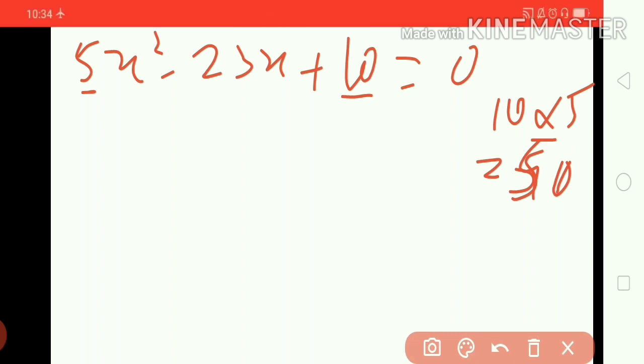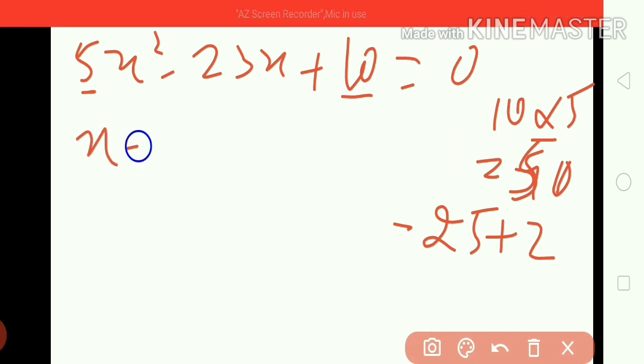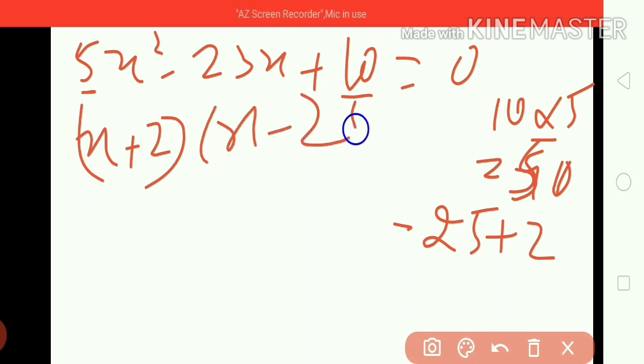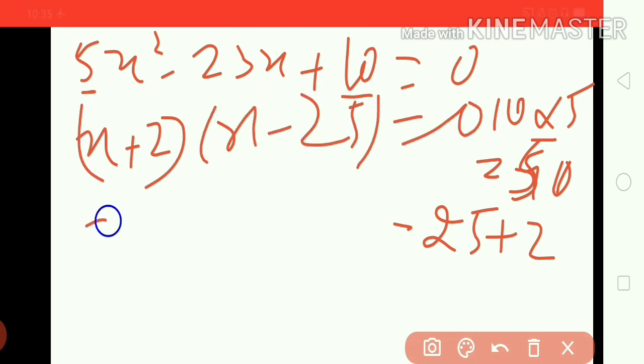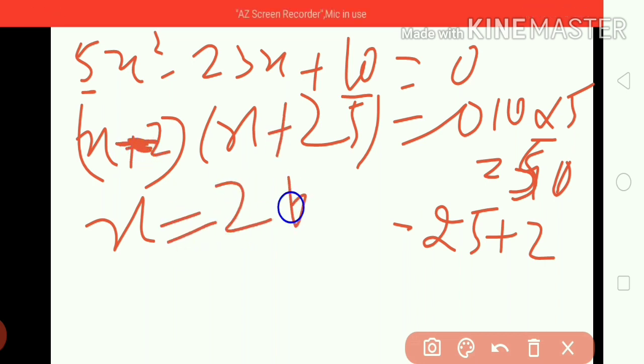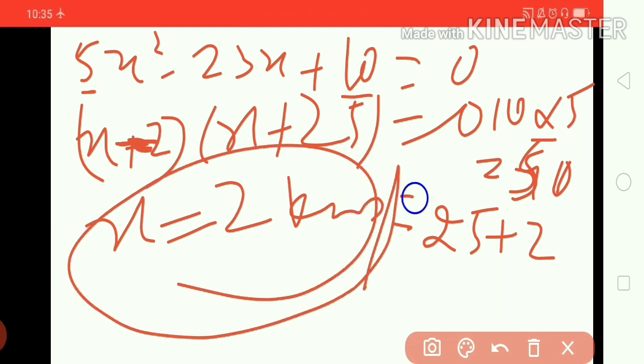So 25 minus 2 is 23, so the factors will be (x minus 2) and (5x minus 1). This is equal to 0. So x is equal to 2 kilometer per hour.